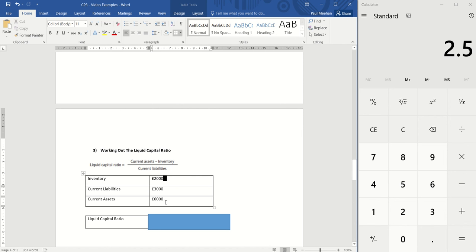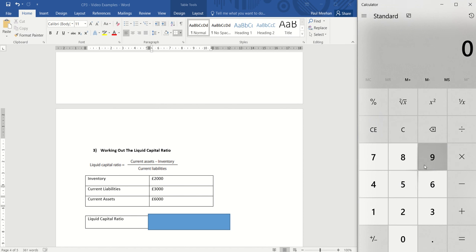So we've got £6,000 worth of current assets, but £2,000 of that just relates to stock on the shelves. And it may take a bit of time to turn that into actual cash that we can pay our liabilities off. So what we do here with the liquid capital ratio is we take our inventory away from our current assets. So 6,000 minus 2,000.